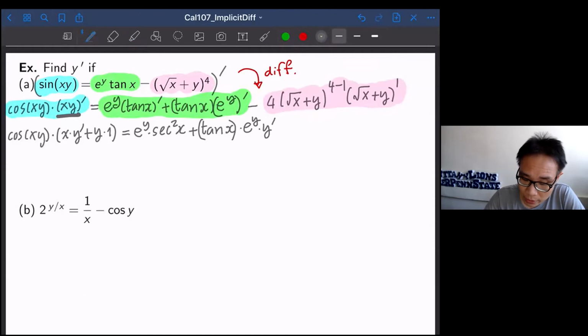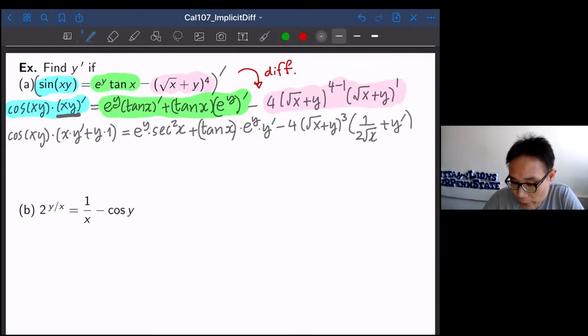Okay, and finally you get square root of x plus y cubed. Okay, and you differentiate root x plus y, so it's going to be 1 over 2 root x plus y prime.